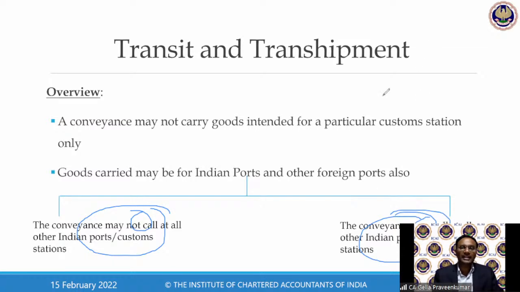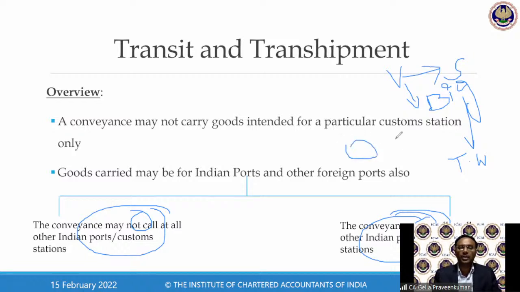Assuming that there is a vessel which is coming from Shanghai. This vessel is a very big vessel. So it says, look, I'll not make an entry into Indian territorial waters, or I'll make an entry into territorial waters, and let small boats come for the purpose of unloading. Say one consignment to Mumbai, one consignment to Vizag, another consignment to say Goa.